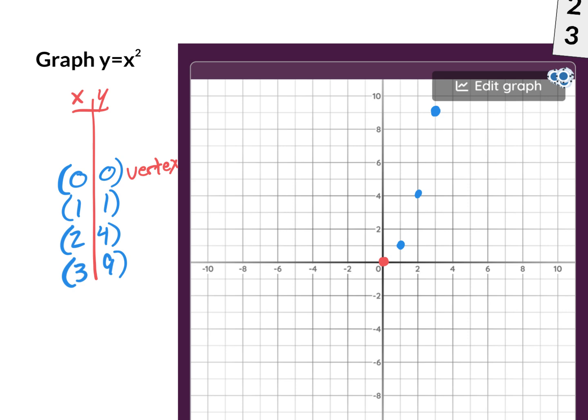And if you went to the negatives, you could plot the other values. Or you could recognize that there's an axis of symmetry going right through the vertex. So that means you'd be able to map that point over to the other side and put that dot right there. And then mapping this one 2 units away over the axis of symmetry, which would be 2 units over here on this side right there.